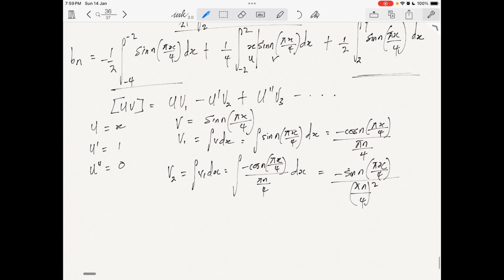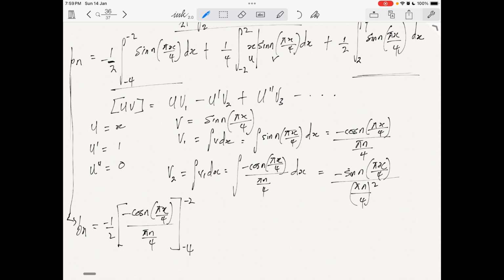So the next step now is to continue with our bn. So bn now will be minus 1 over 2, and when we integrate sine n pi x over 4, we'll have minus cos n pi x over 4 divided by pi n over 4, from minus 4 to minus 2, plus 1 over 4.